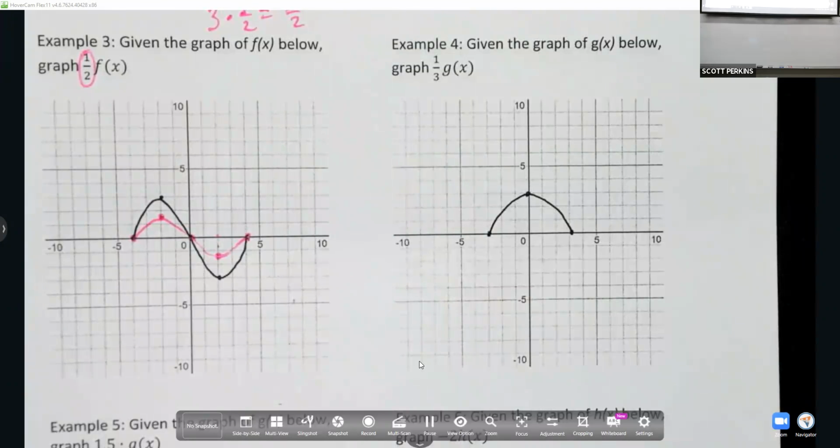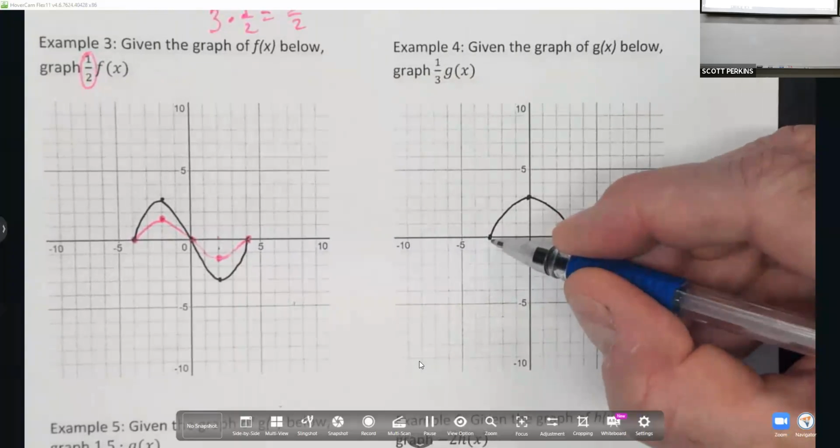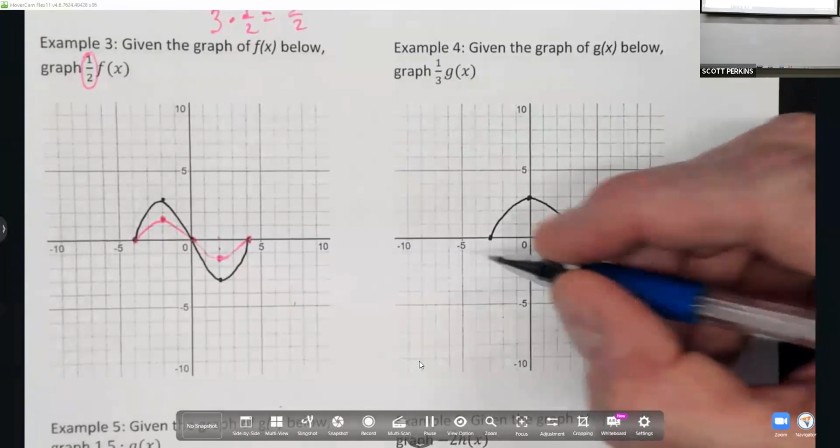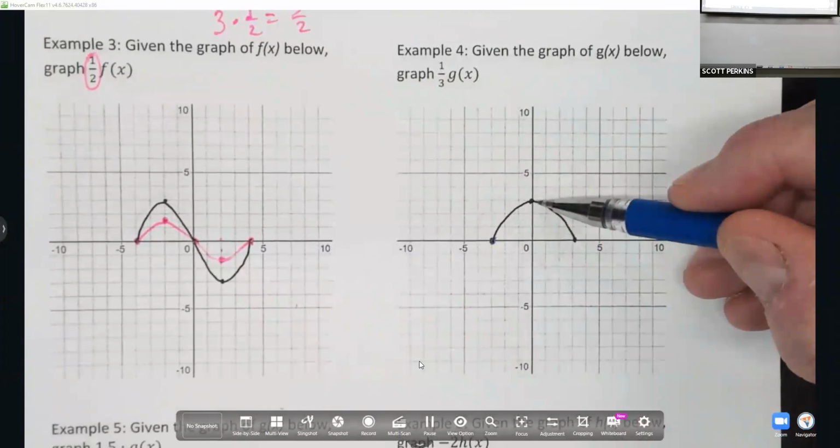So I'm going to take each of the y values, and there's only 3 points that I've defined on this half circle. I'm going to multiply them by 1/3. So on this end, the y value is 0, so 0 times 1/3 stays 0. Here's the one that matters. What is this y value right here in the middle? 3.